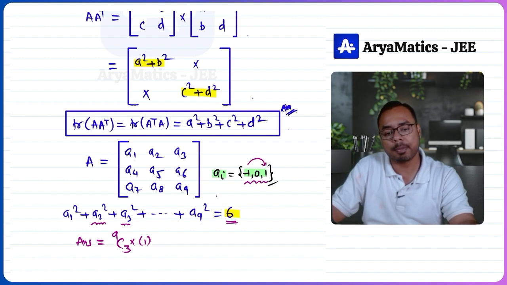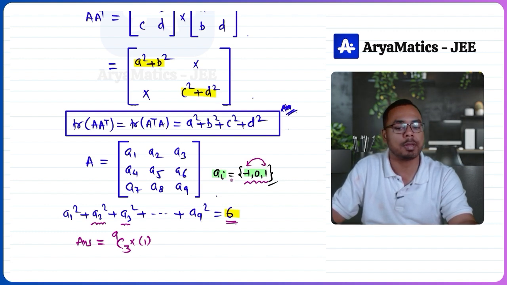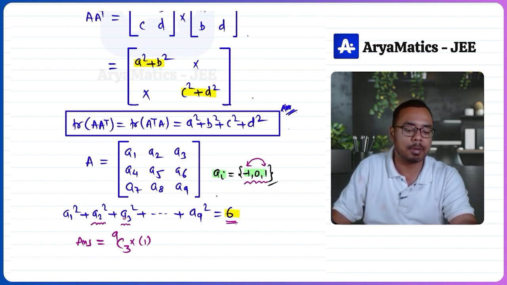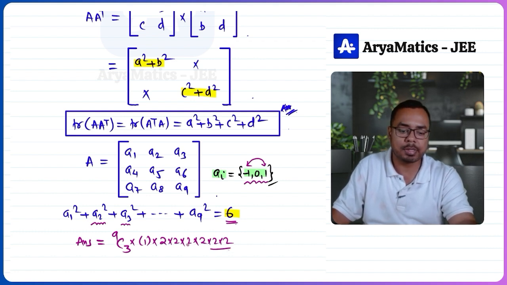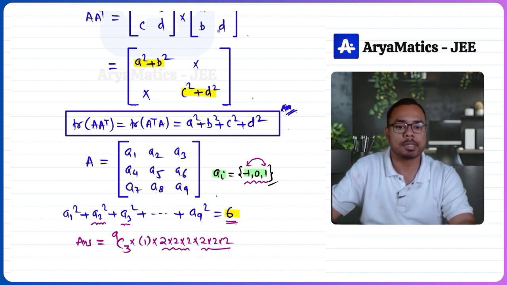Either you can take them as plus 1 or minus 1, because whether you take plus 1 or minus 1, the square of that number will be 1 only. So therefore, number of matrices will be 9C3 into 1. And then for remaining 6 variables, we have two options each. Using multiplication rule, 2 into 2 into 2, 6 times. So basically the answer will be 9C3 into 2 raised to 6.